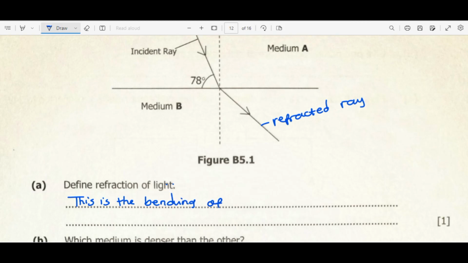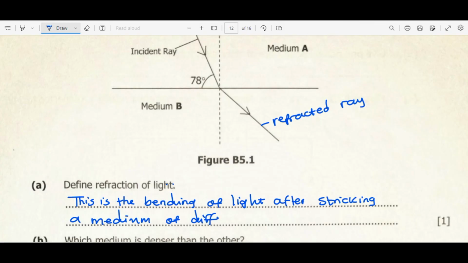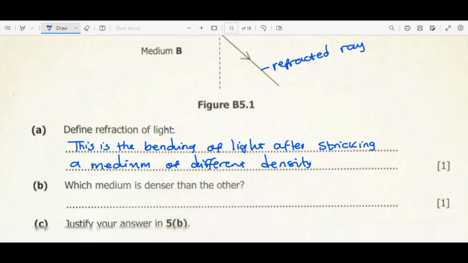of light after striking a medium of different density. So what causes refraction is the difference in densities of the media.